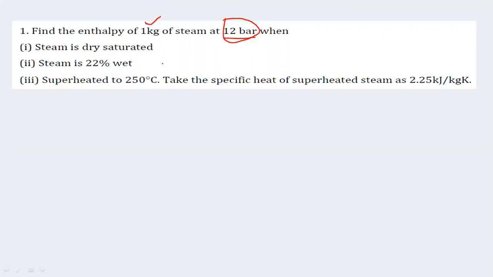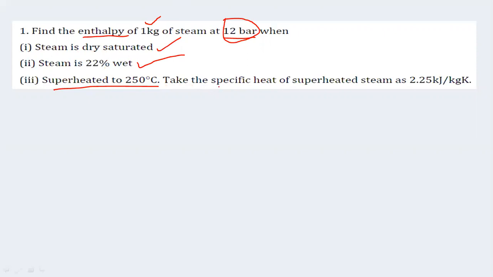He has asked us to find out 3 criteria, that is enthalpy. You have to find it for 3 cases. One is dry saturated, the other case is 22% wet, and the third case is superheated to 250 degrees Celsius. For superheated, we need to take one term for our analysis purpose.